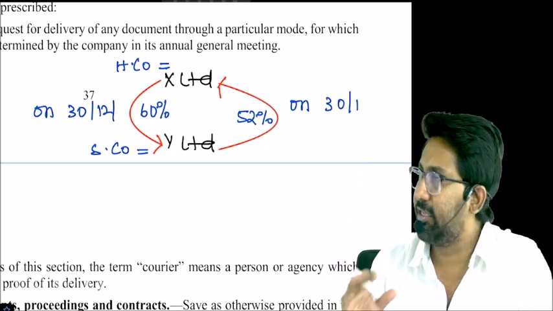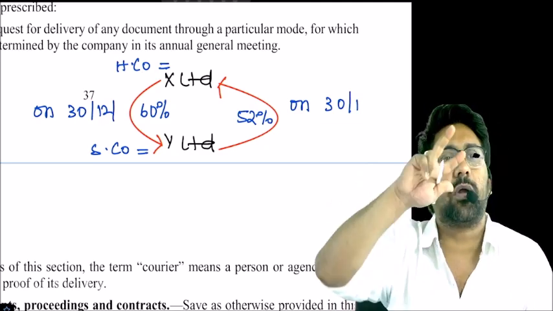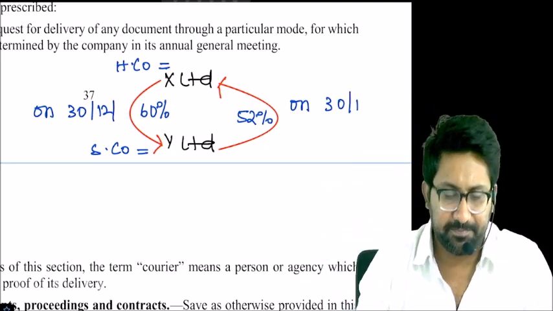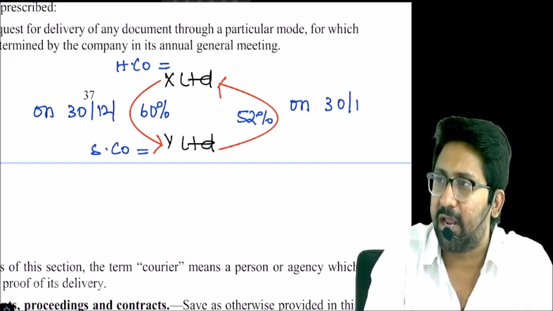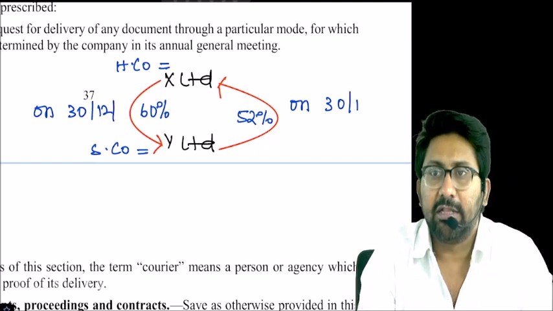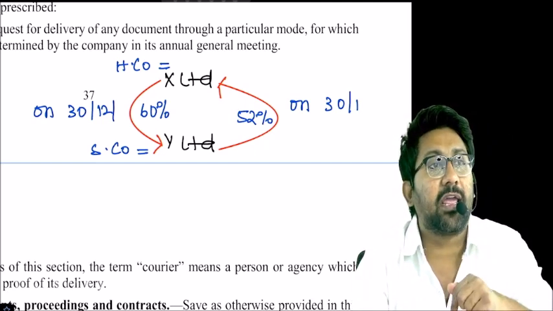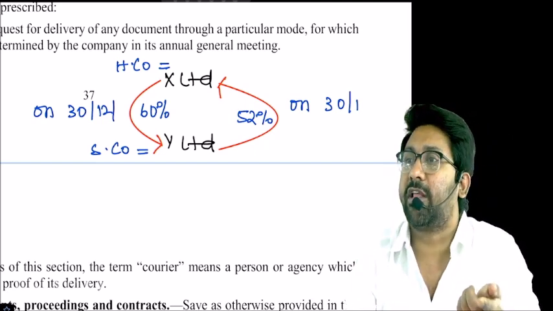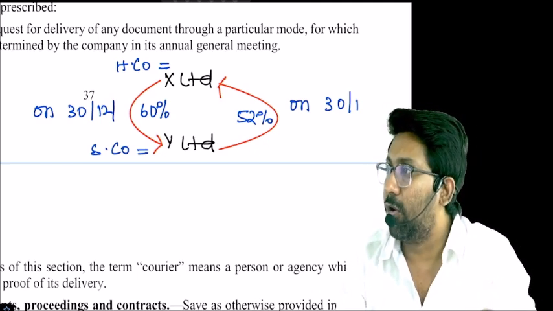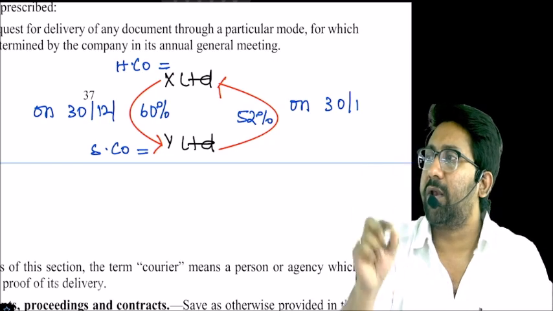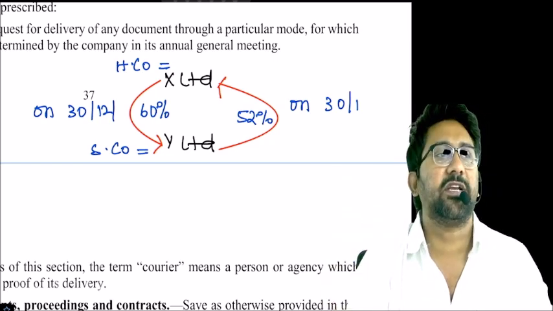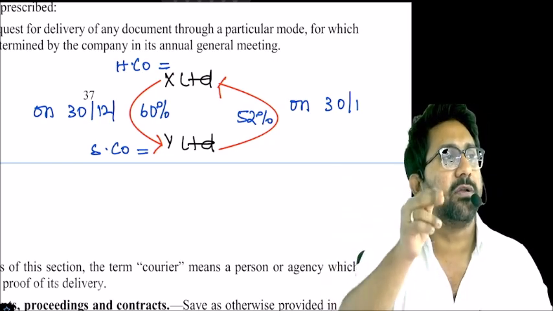So try to understand it clearly. The point is, whenever there are two companies, X Limited and Y Limited, and one company has already acquired the shares of another company, making it a subsidiary, the subsidiary cannot again hold the shares in the company called its holding company. Repetition one last time: one company acquired substantial shares in another company, making it its subsidiary.